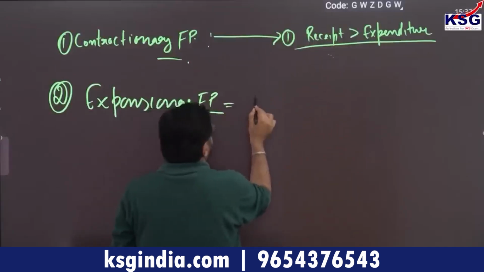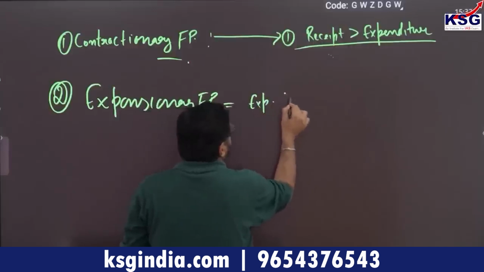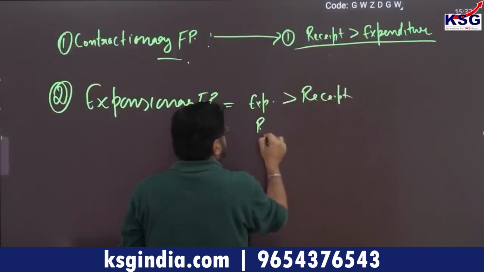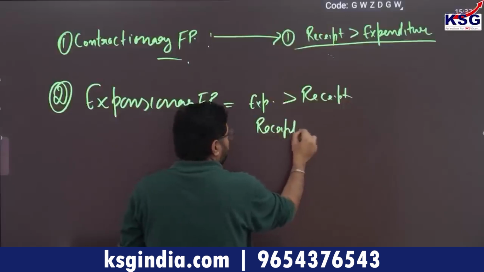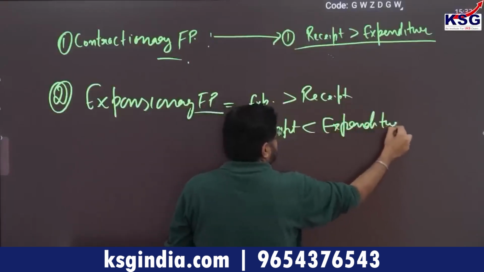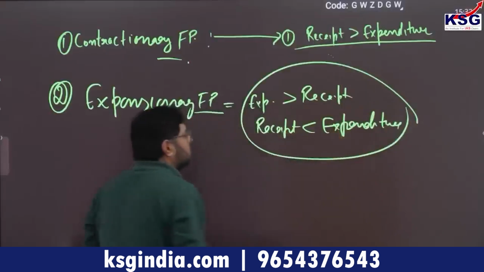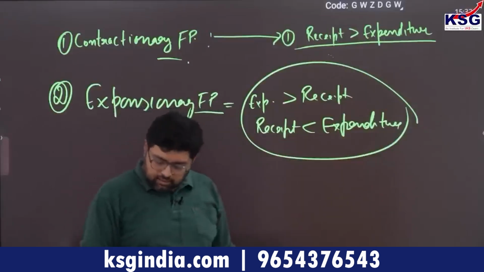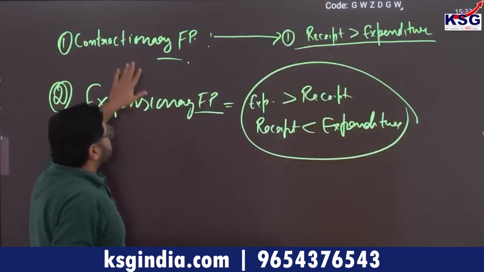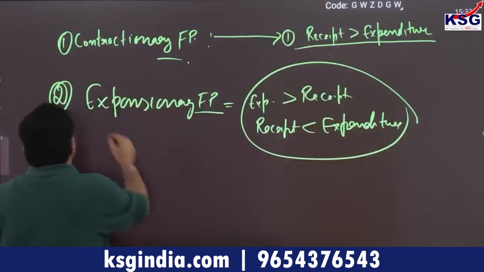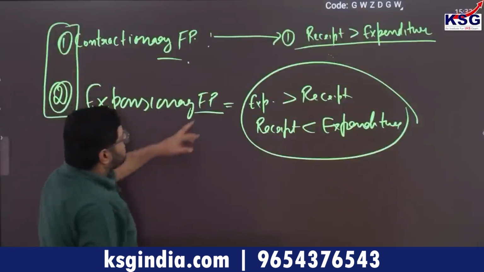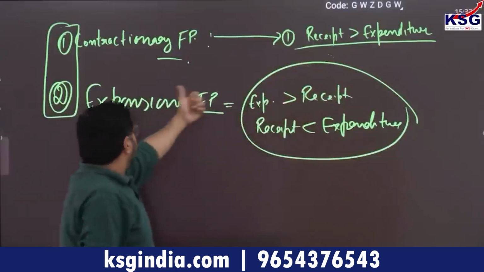Whereas in expansionary fiscal policy your expenditure is more than receipts, or you can say receipts are less than expenditure. Clear? Receipts are less than expenditure. Okay, so contractionary and expansionary. So in this way you have to understand. Contractionary fiscal policy means receipts are more than expenditure. Here expansion is this thing.